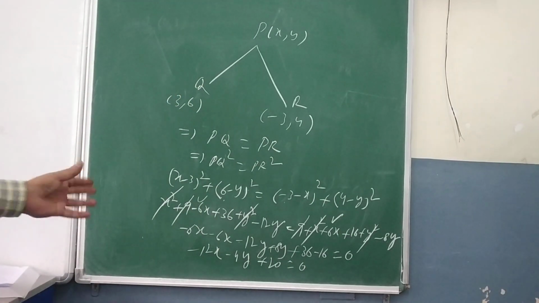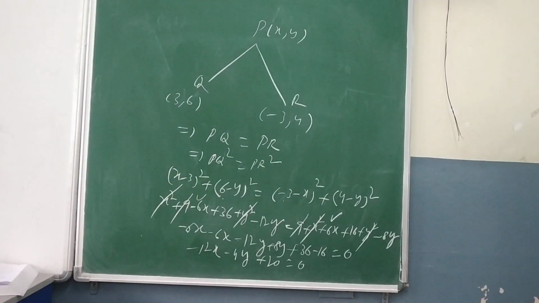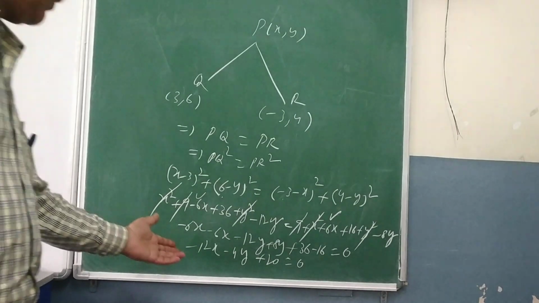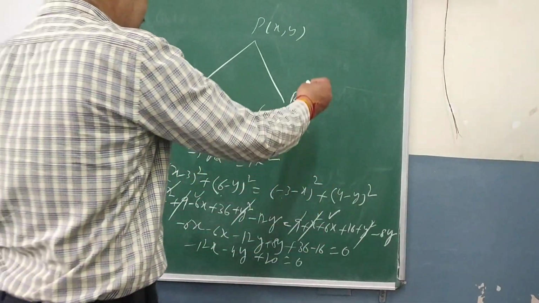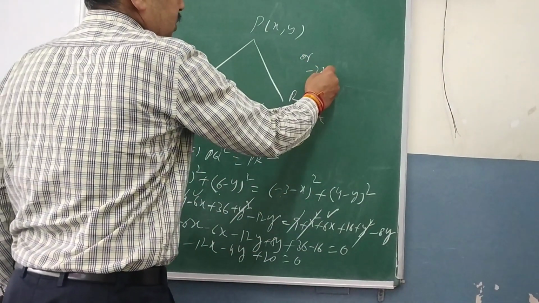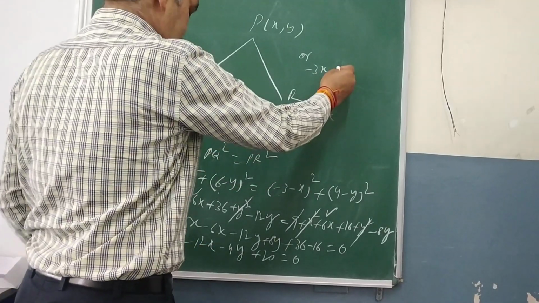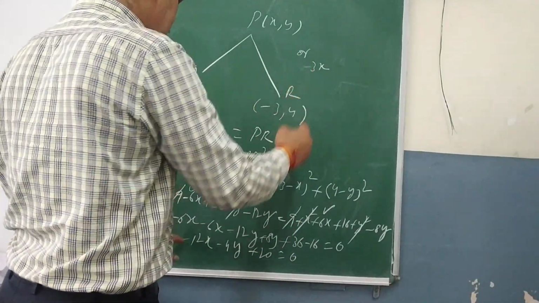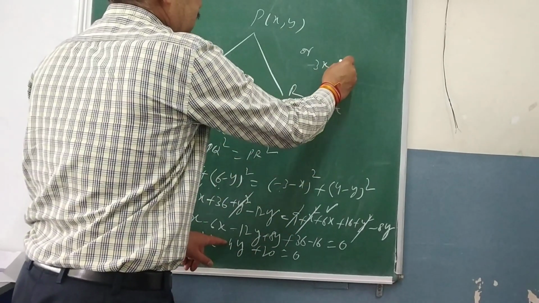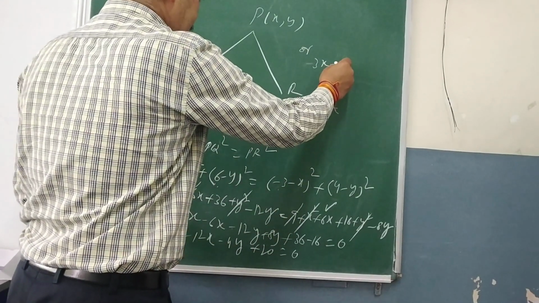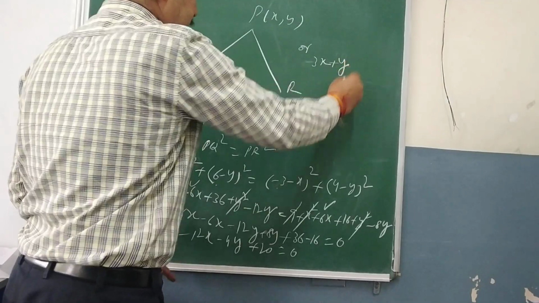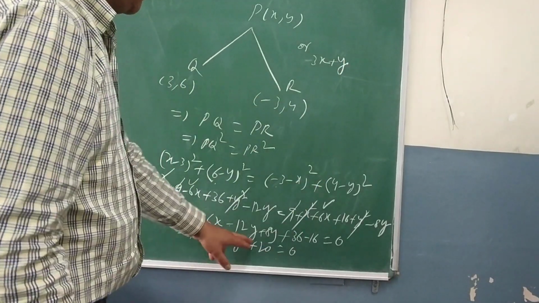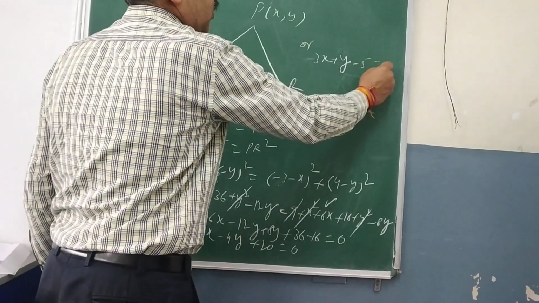So this is my choice. I can leave the relationship between x and y like this also. Or you are finding 4 common, so you can write minus 4 common, then it will be 3x plus y minus 5 is equal to 0.